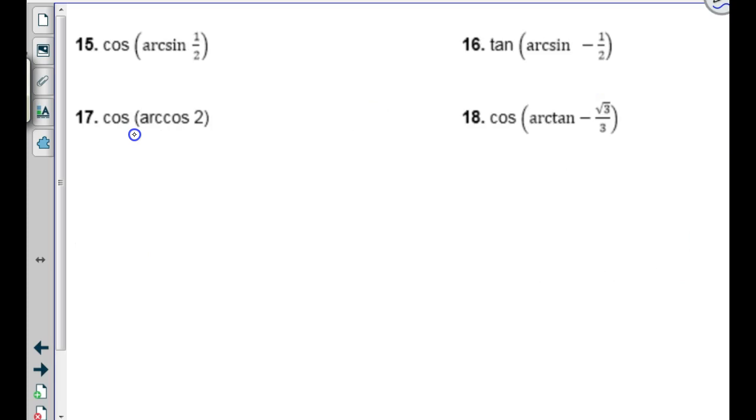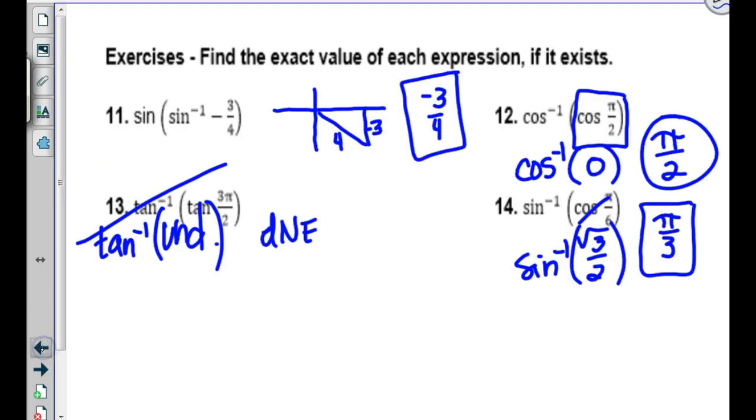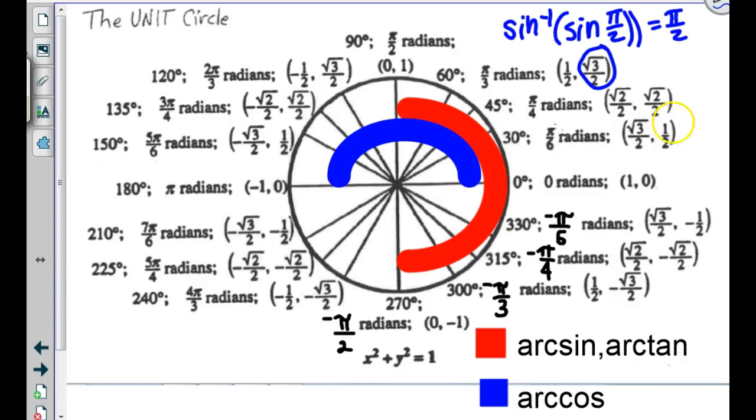Number 15. Okay. Are these going to undo each other? They're not both cosine or sine, right? So I don't think so. We're going to start inside. Where is the sine 1/2? The sine is 1/2 here, right? Be careful, you're looking at sine, not cosine.